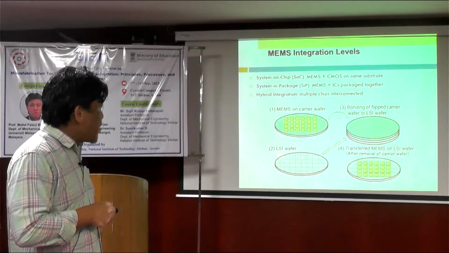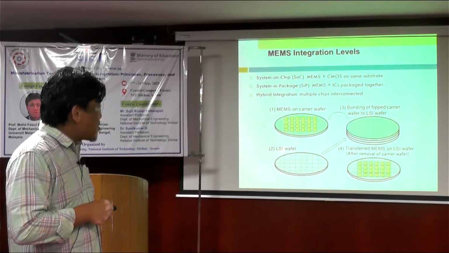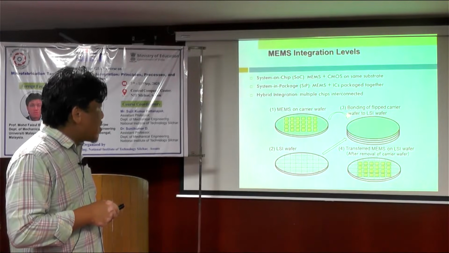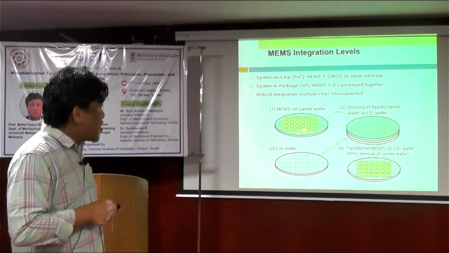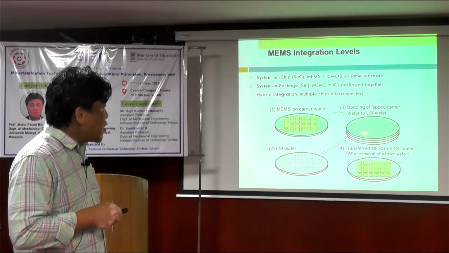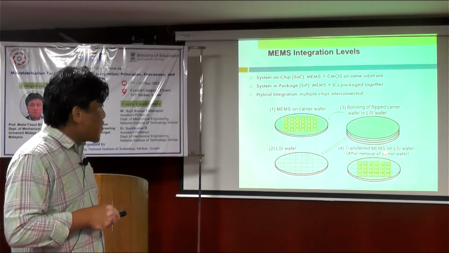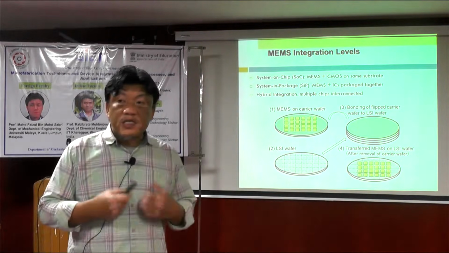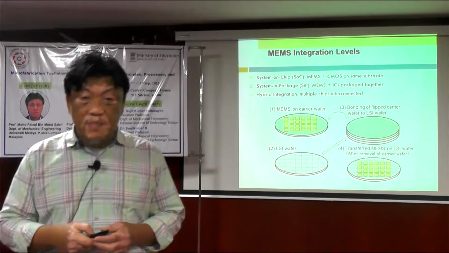Then you have an LSI wafer, a large scale integrated circuit wafer, with wafer bonding here. Then you transfer the MEMS and LSI wafer after removal, etc. That is some of the process that happens with MEMS devices.